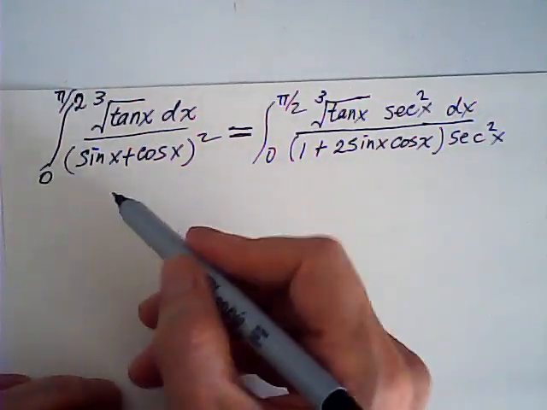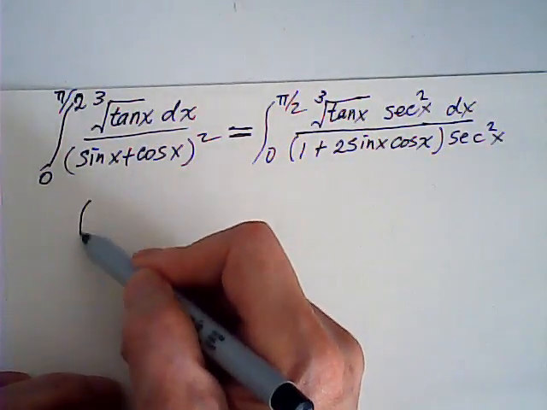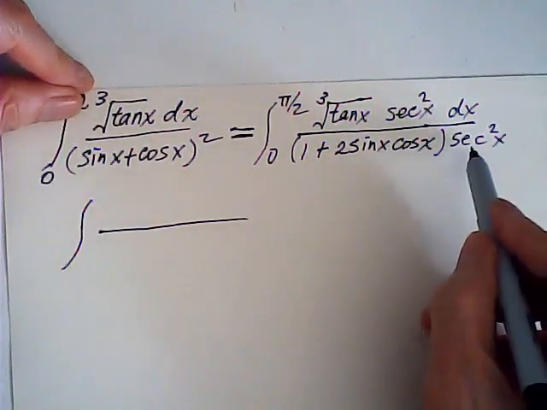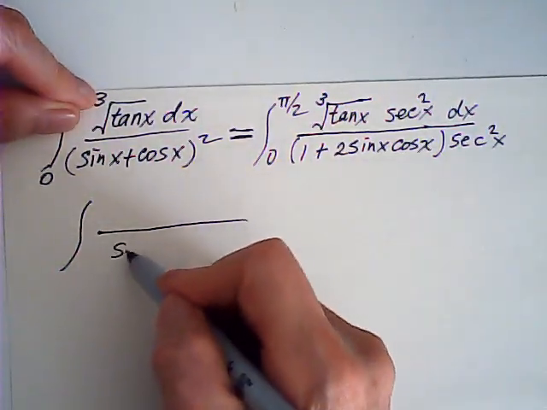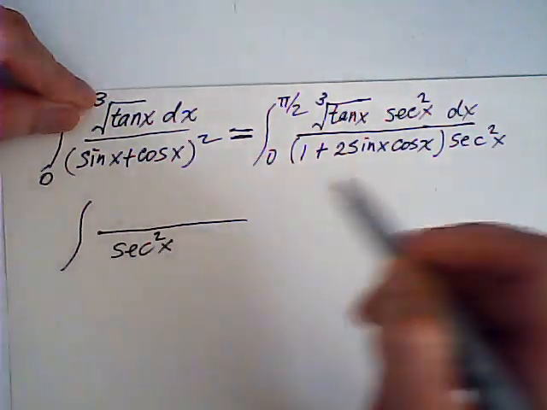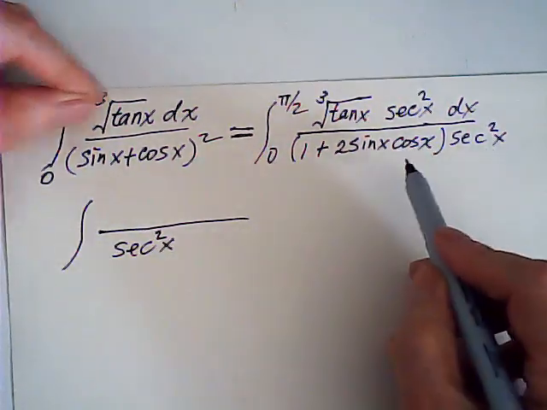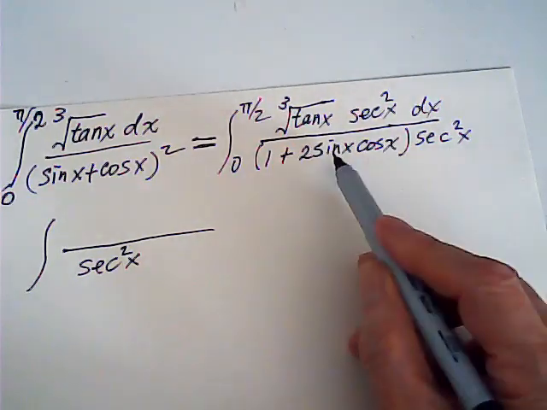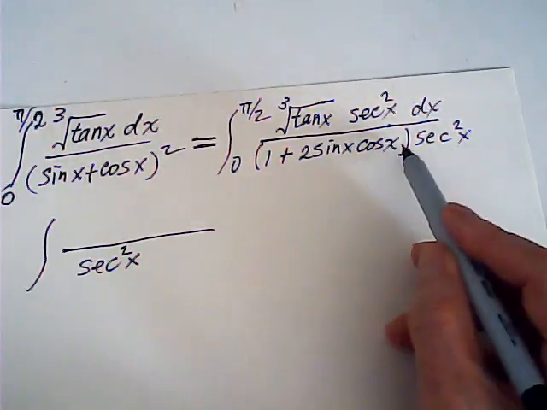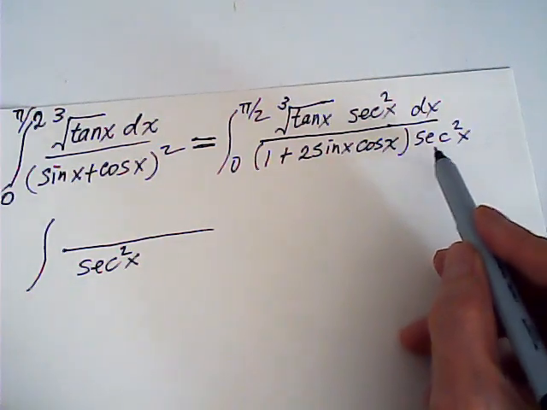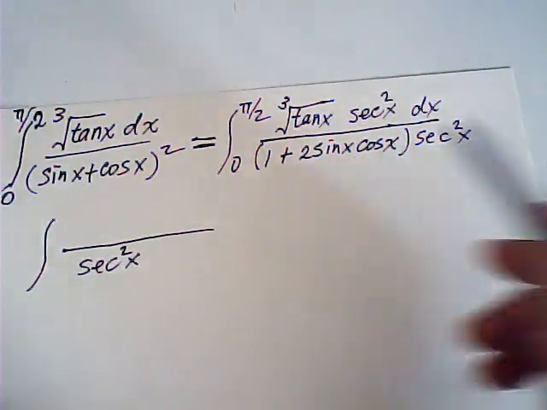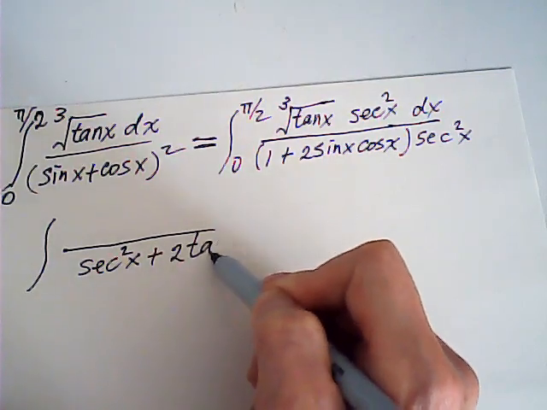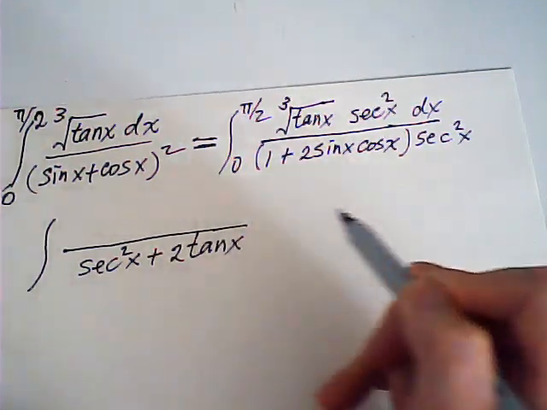Now, something good here is that secant square is 1 over cosine square. So 2 sine cosine over cosine square becomes 2 tangent x.